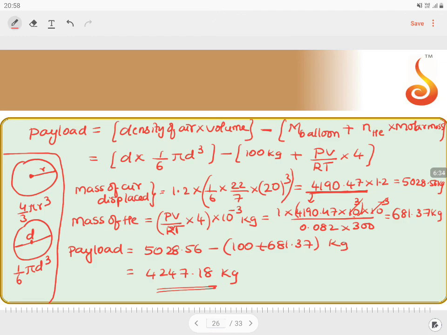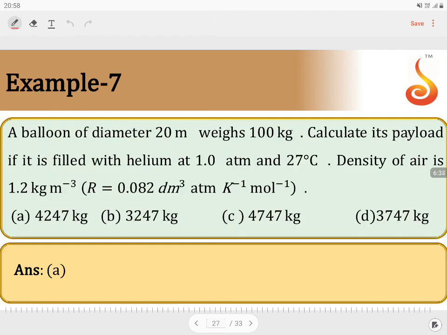The payload is the difference in the mass of gas filled with a lighter gas like helium, responsible for the uplift of the balloon, which can be given with an answer of 4247 kg. So this is the payload.